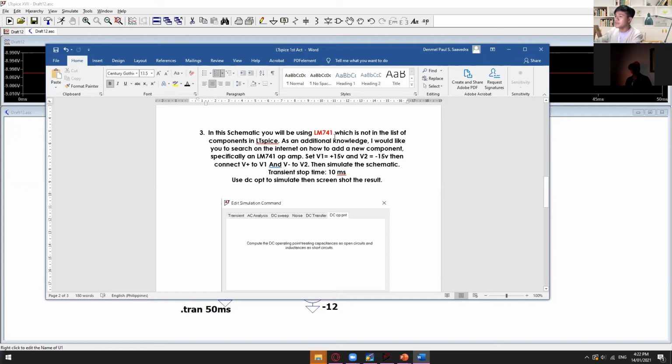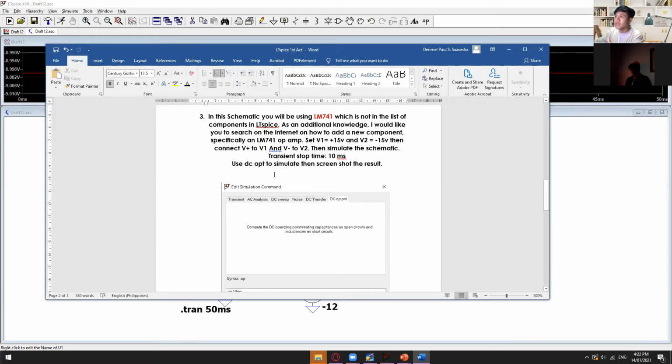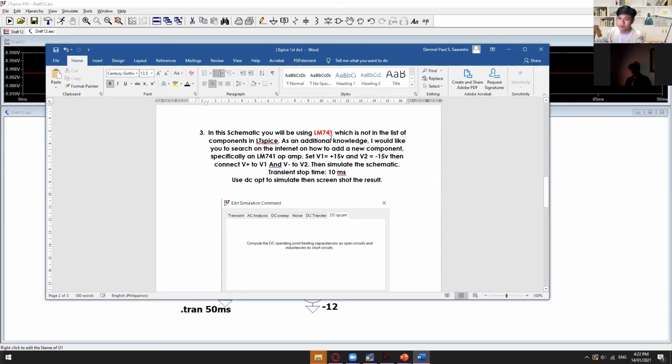So LM741 is not in the list of components in LTspice. So as an additional knowledge, I would like you to search on the internet on how to add a new component. Okay? Specifically, an LM741 op-amp. So itong pag-add ng LM741, hindi talaga siya literally na masasave, pero pwede nyo i-save. Okay? Ang importante, na-import nyo itong LM741.